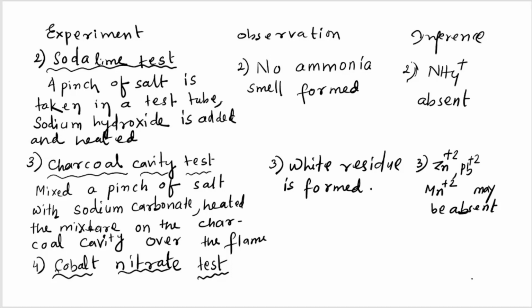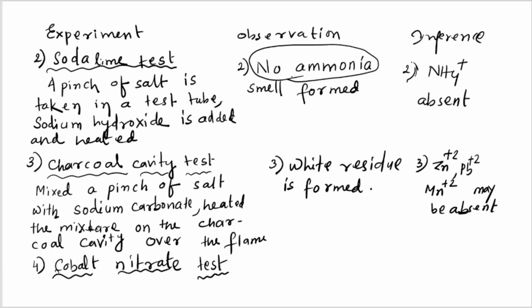But if there is no ammonia smell, that means ammonium salt is absent, that is NH4+ is absent. What is the test? Take a test tube with the salt, add soda lime, and heat strongly. No ammonia, so NH4+ is absent.